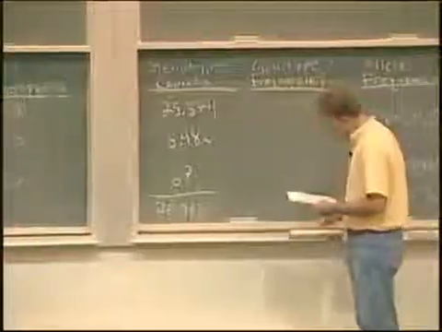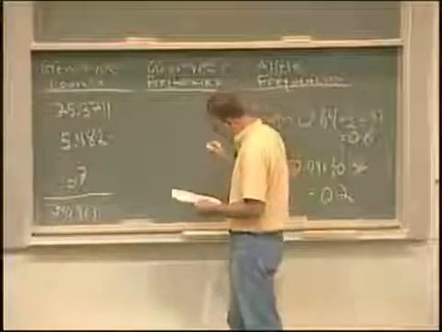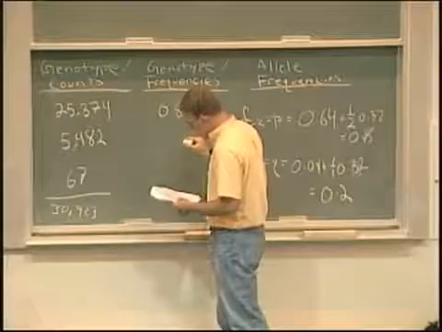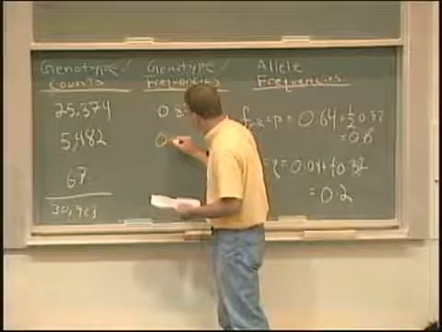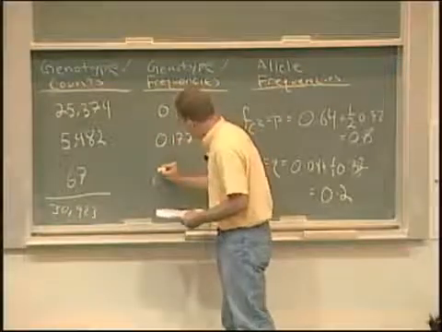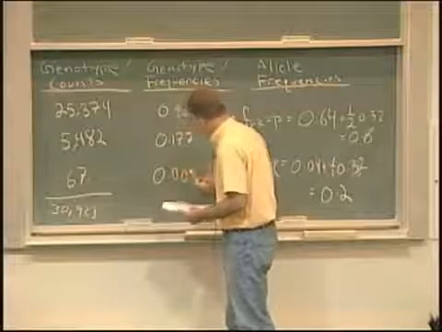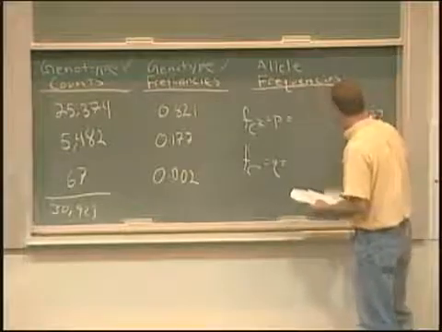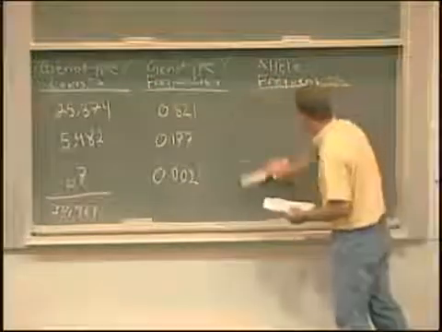Which means that the frequencies of these genotypes are 0.821, 0.177, and 0.02. Okay? And we can go ahead and calculate the frequencies of the two alleles.